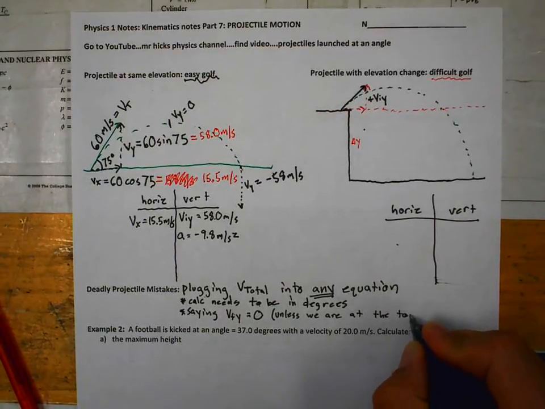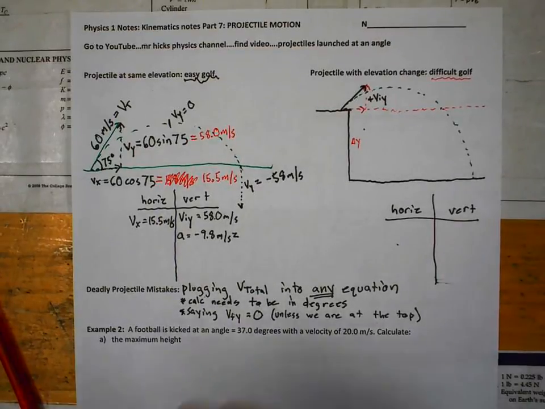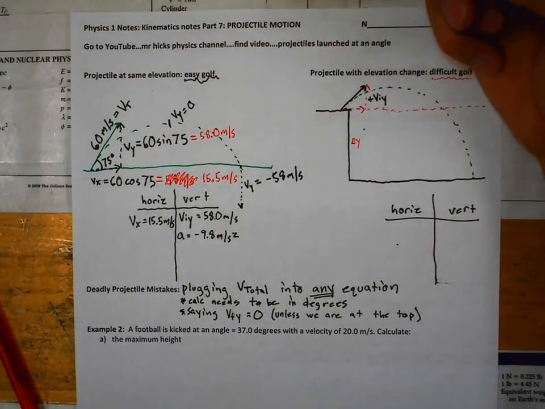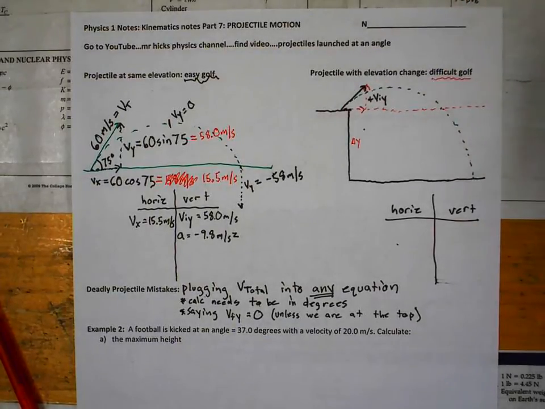Unless of course we're talking about the top up here, because V final up here would be 0. But people love to say, oh my gosh, this thing hit the ground, it stopped, V final in the Y direction is 0. So really we're talking about right before it hits.